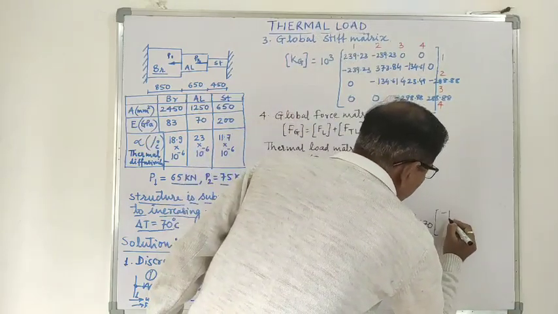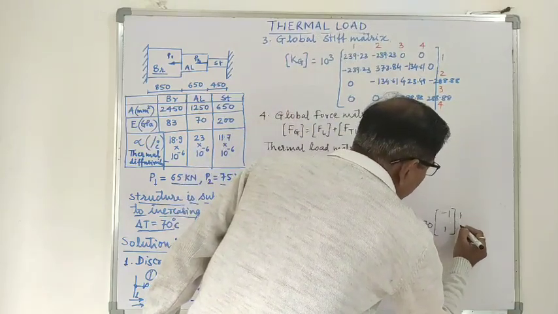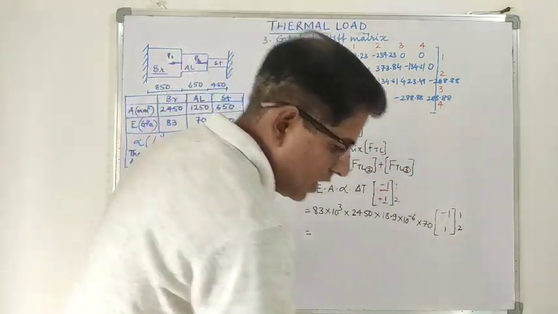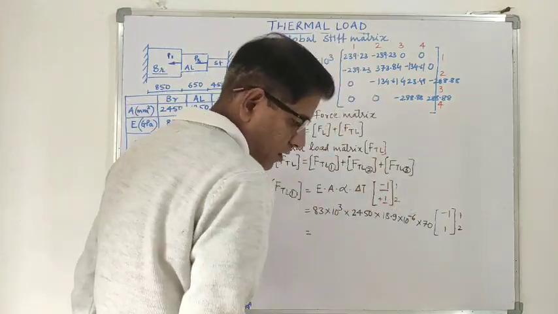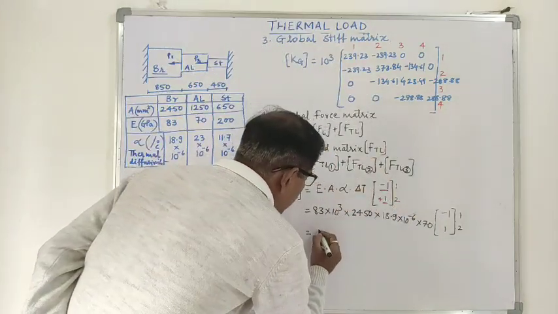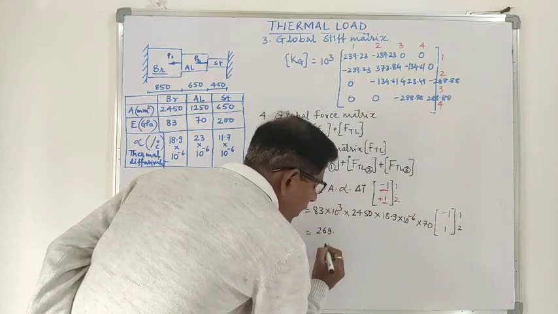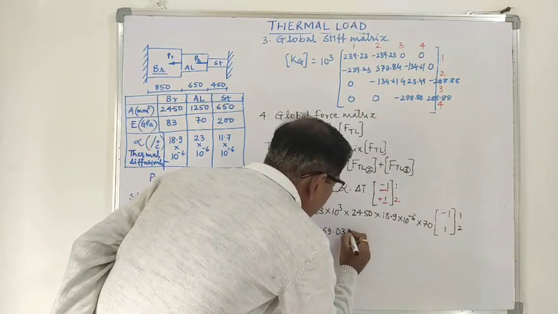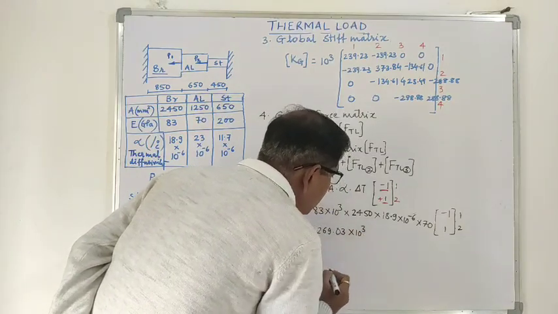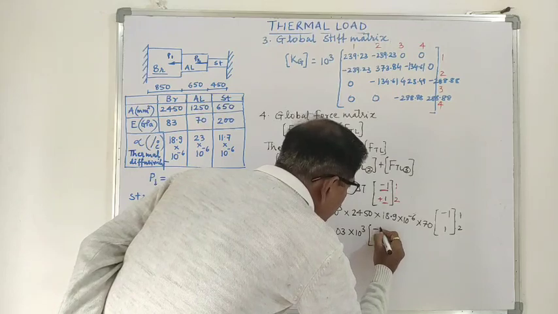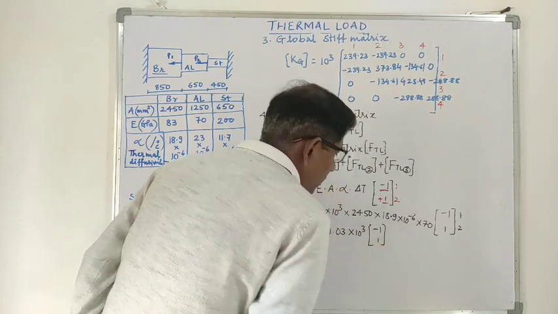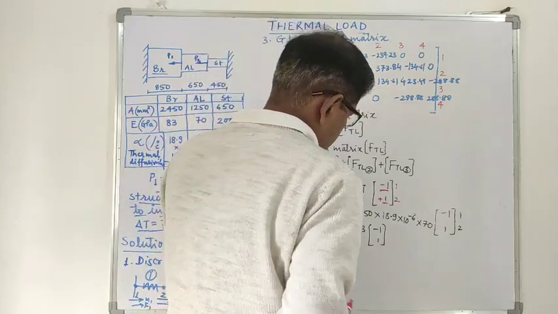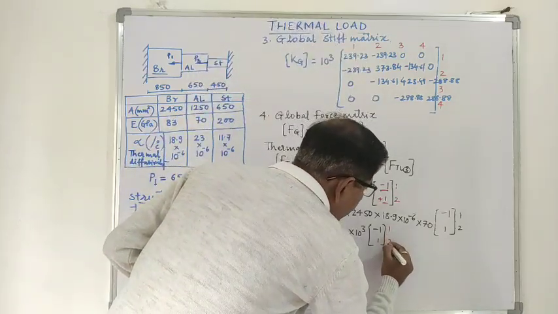And this is -1, 1 for node number 1 and 2. If you calculate, the answer of this expression is 269.03 into 10 to the power 3, minus 1, for node number 1 and 2.